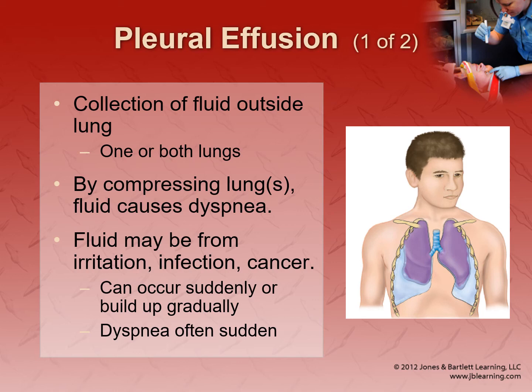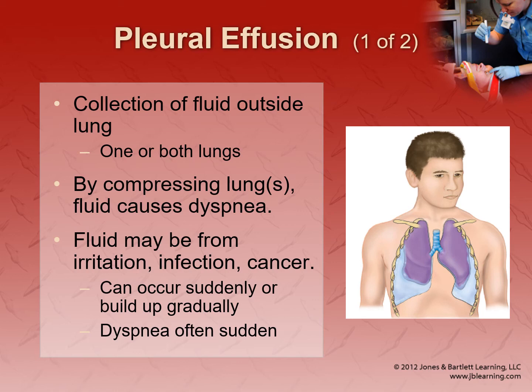So it's going to present fairly similarly: shortness of breath, anxious, tachycardic, possibly some non-cardiac, some pleuritic chest pain. The root cause of this, though, is often either an infection or a tumor, something that induces some local inflammation.